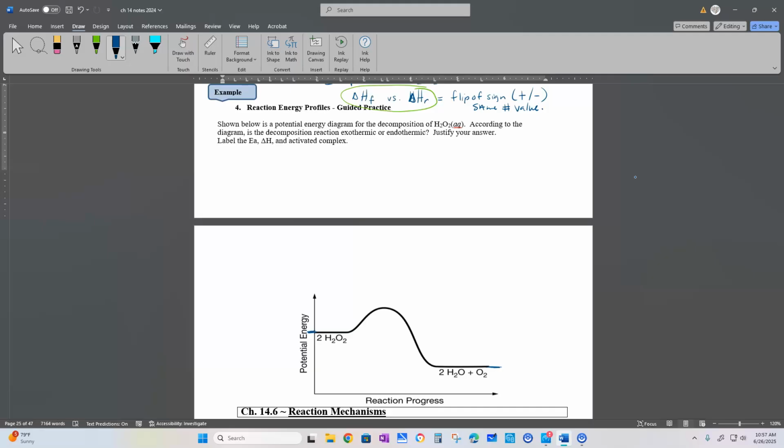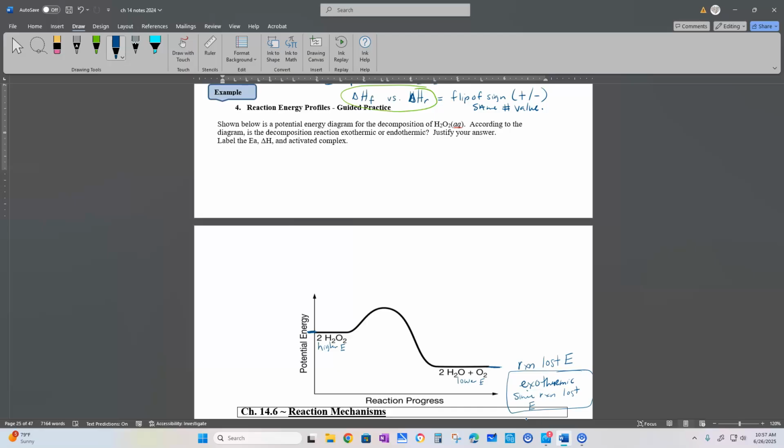I have higher energy in the beginning and I have lower energy in the end. That means this reaction, the overall reaction, lost energy. So that means my delta H, okay, or this process is going to be exothermic. Because since the reaction lost energy, okay?